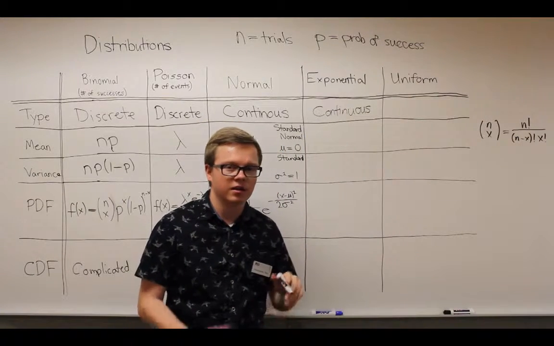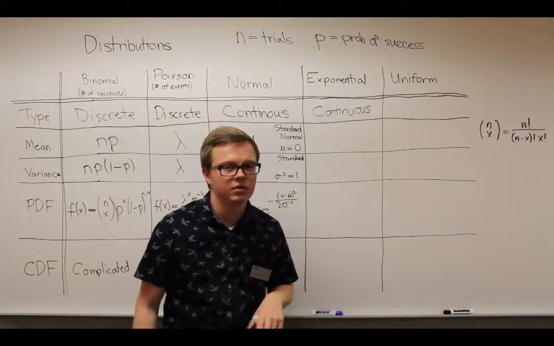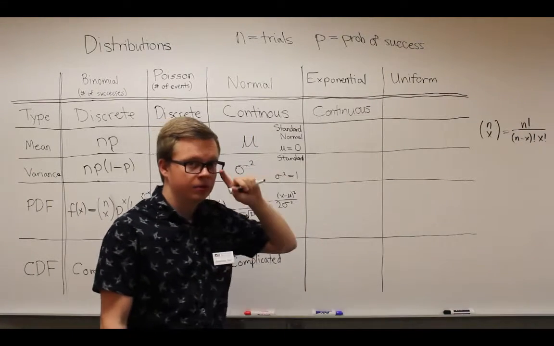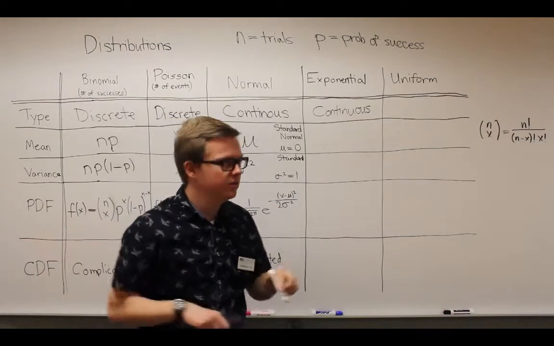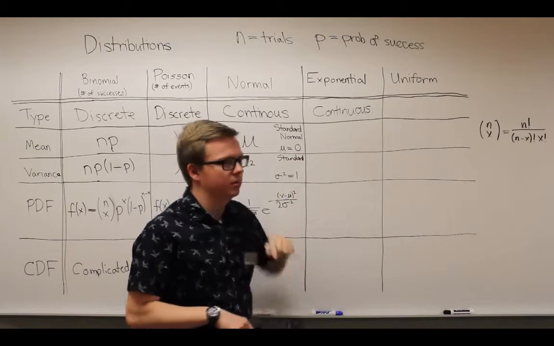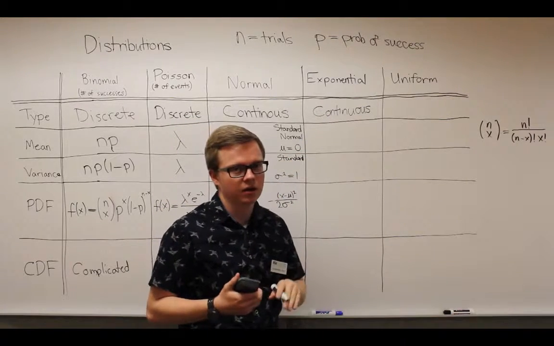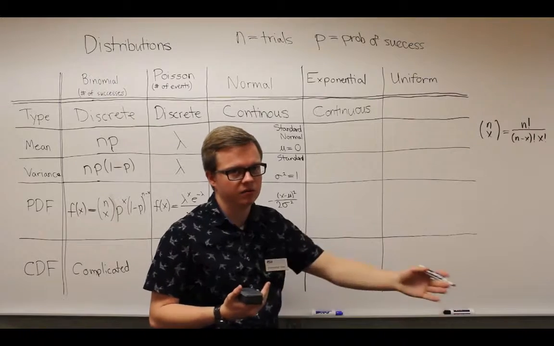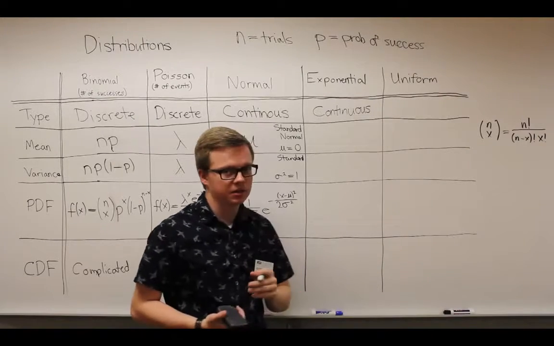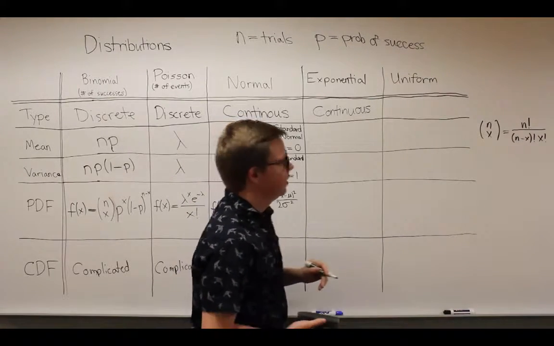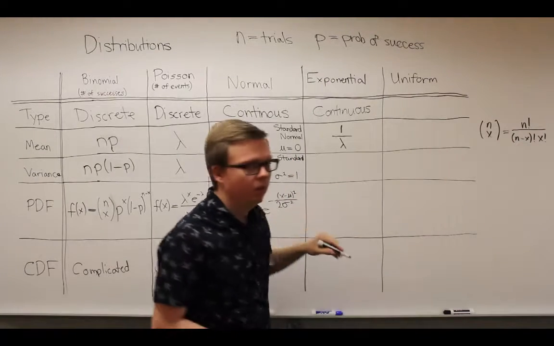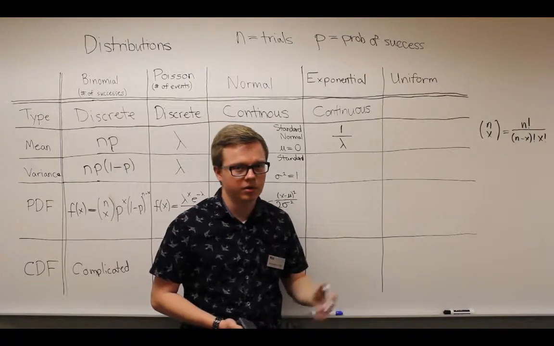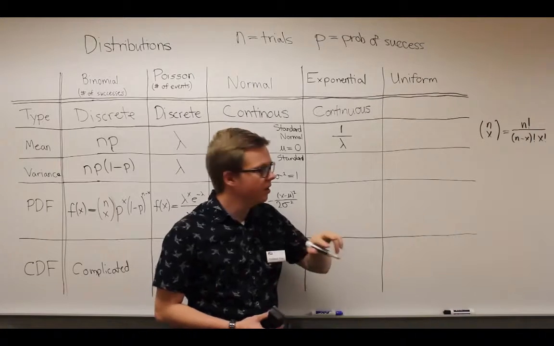Next we have the exponential distribution, which is another continuous distribution. It can take on fractions and decimals as values. Where the normal distribution could take on negative values, the exponential distribution is only non-negative values, so 0 or positive values. But it is continuous. Its mean is given by 1 over lambda. Lambda is just a parameter for the distribution. You may want to be careful.